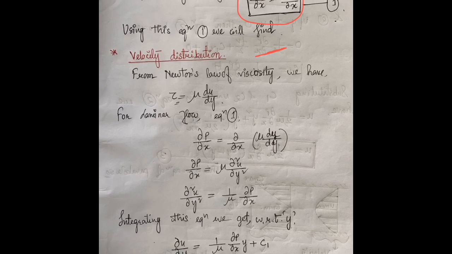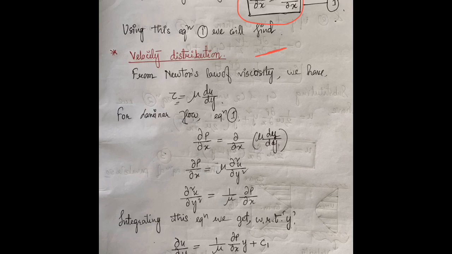If you differentiate this one, then you can get del p by del x equal to mu del square u by del y square, or del square u by del y square equal to 1 by mu del p by del x, isn't it?